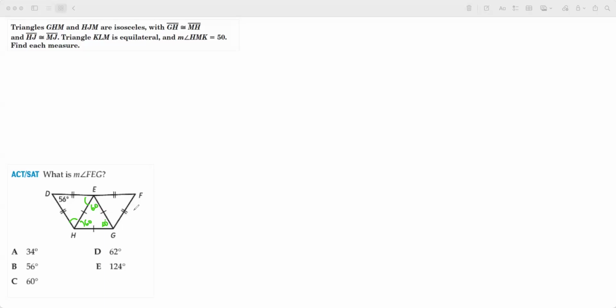Dhruv, how did you get your answer? Okay, so basically what I did was first, since all triangles need to have 180 degrees, and then the middle triangle is equilateral, so all the angles are 60.